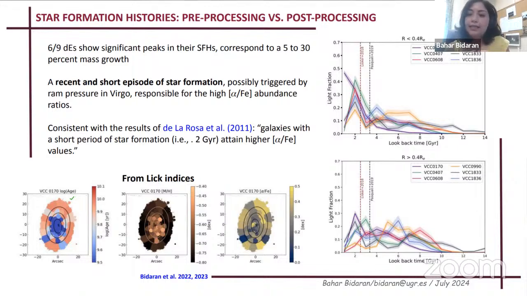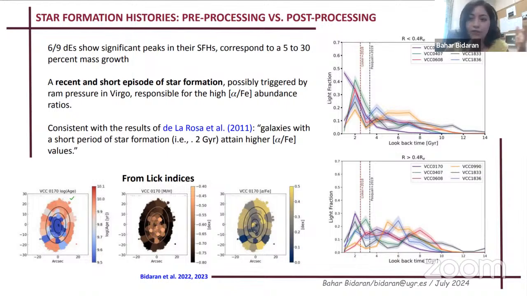And that has increased the pre-existing star formation activity or initiated a new episode. And because the duration of this episode is very short, it reflects itself as a high alpha over Fe value, which is also light-weighted. All of them are light-weighted, right? So it reflects itself as a high alpha over Fe that we have detected for 6 out of 9 galaxies in this case. So this is a clear case.